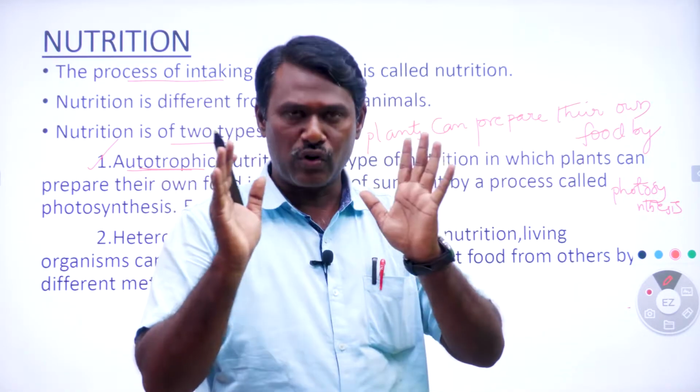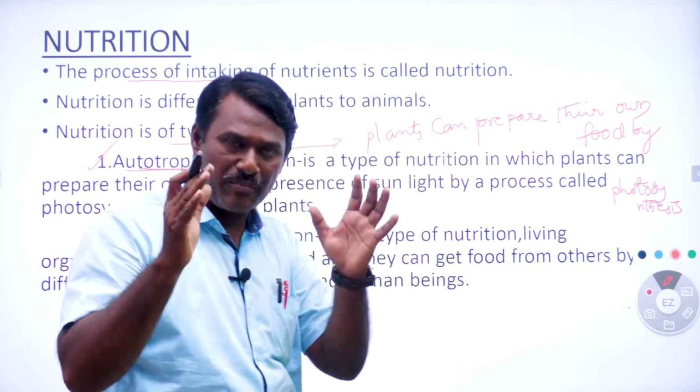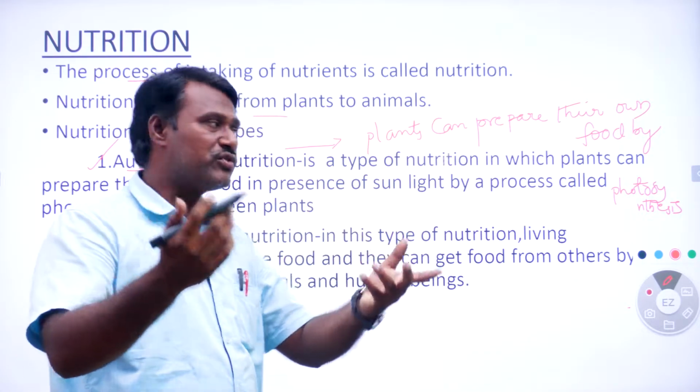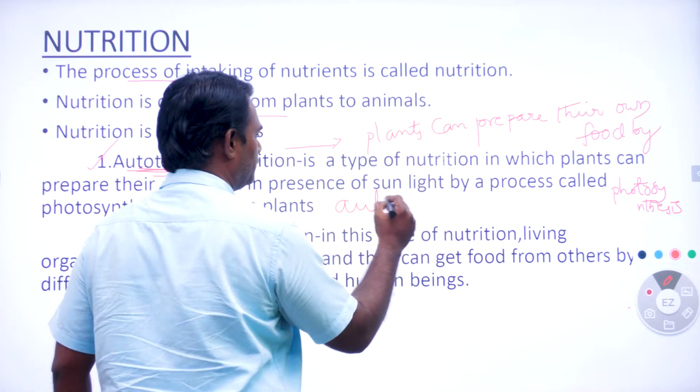By photosynthesis, living organisms can prepare their own food material. Such type of nutrition is called autotrophic nutrition, and the organisms involved in it are called autotrophs.